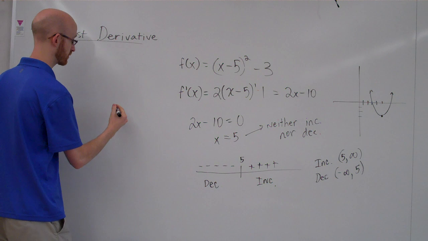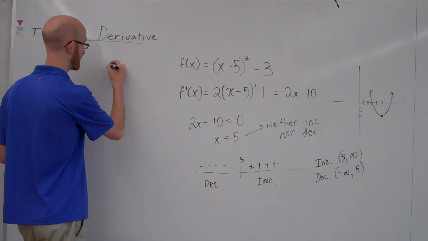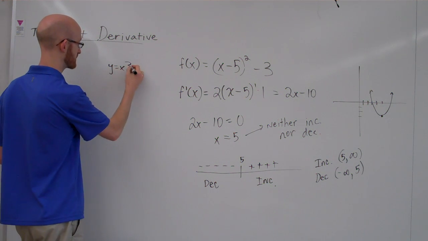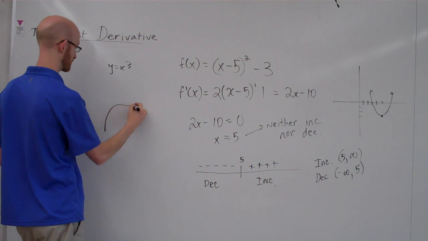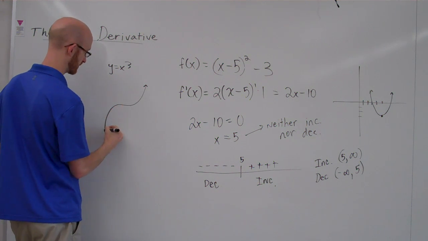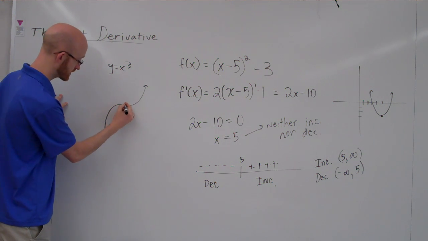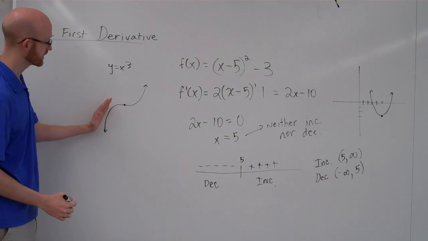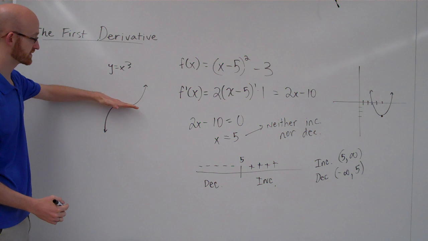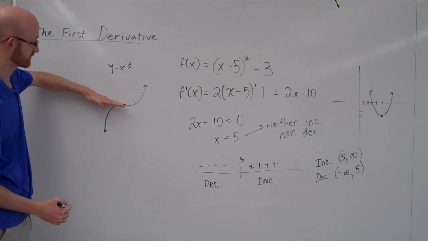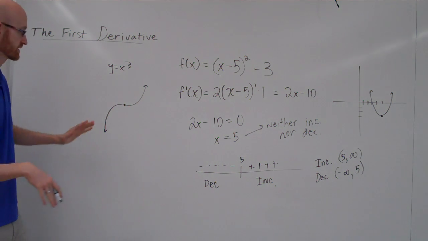Just so you have an idea of what that might look like, think about the function y equals x cubed, without imposing the coordinate plane on it, just to keep your thoughts a little more clear. Right here, it's increasing, increasing, increasing. Its derivative is 0 at this precise spot. My picture's not perfect, but it's decent.